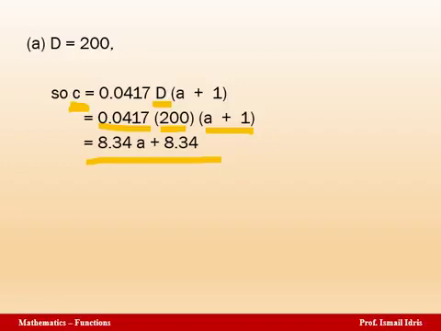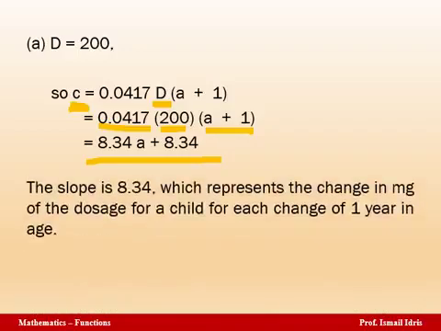This is a linear function, which represents a straight line, or its graph is a straight line. What is the slope here? This looks like y equals mx plus b. So this is the slope. The coefficient of A here is the slope.